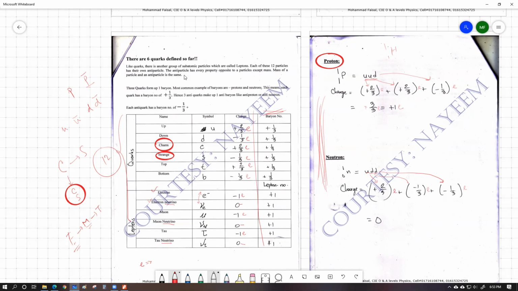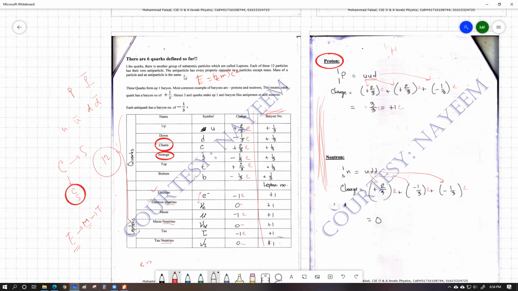And the total mass of both the particles is converted into energy following E equals 2mc squared. Why am I writing 2m? Two particles.